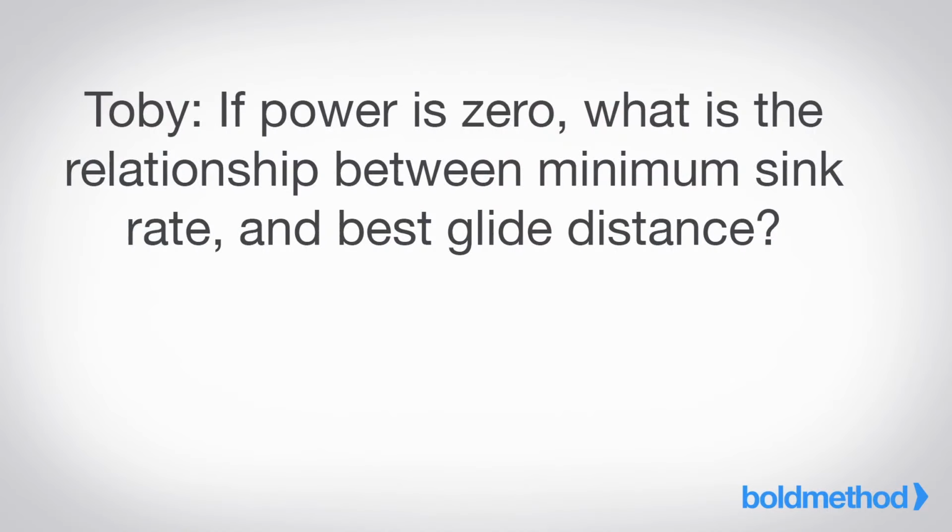Okay, we got a question. Toby's got a good question here relating back to LD max. He says, if power is 0, what's the relationship between minimum sink rate and your best glide distance? Oh, that's a good question. I've got a great chart for it, but I don't have it with me right here.